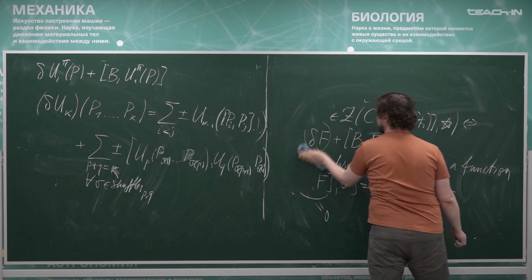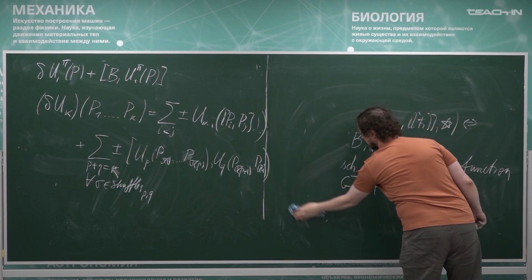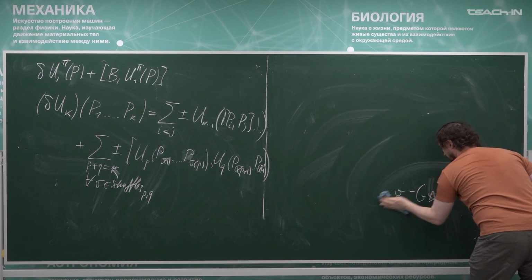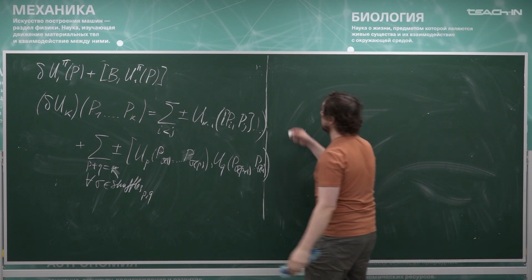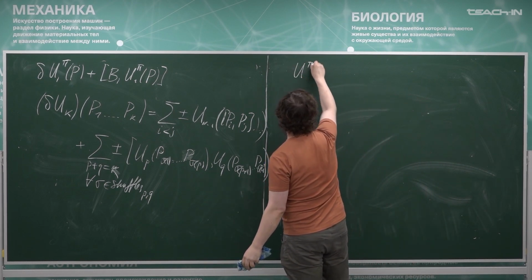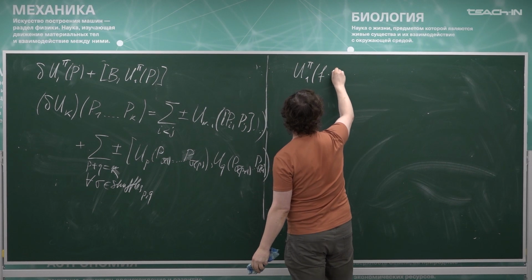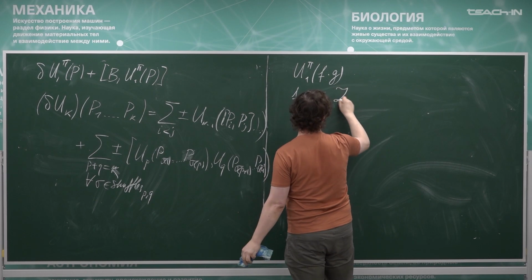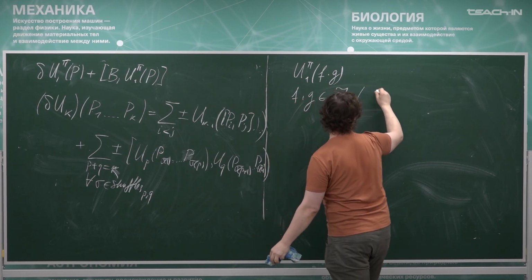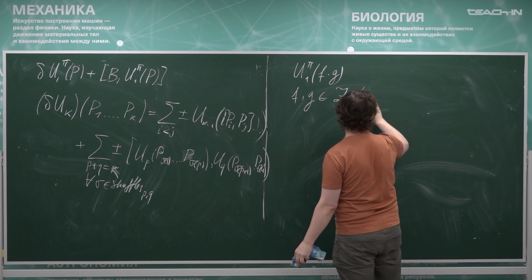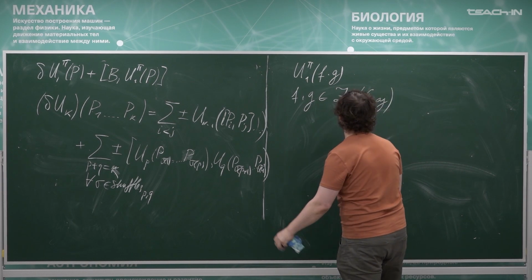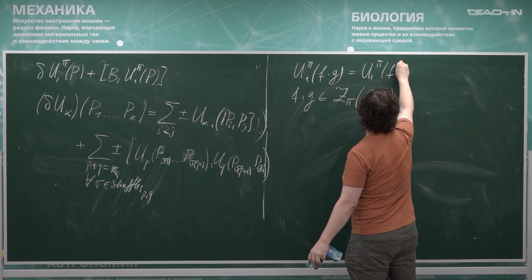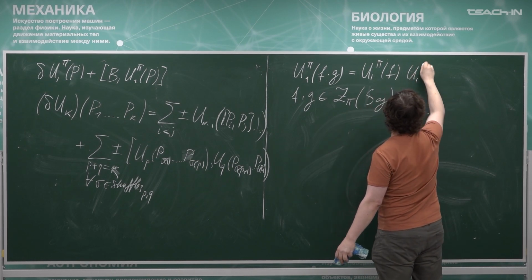Now it only remains to show that U pi 1 of f times g, where f and g are elements in the Poisson center of SG, will be equal to U1 pi of f times U1 pi of g.